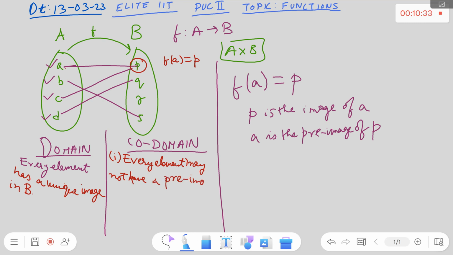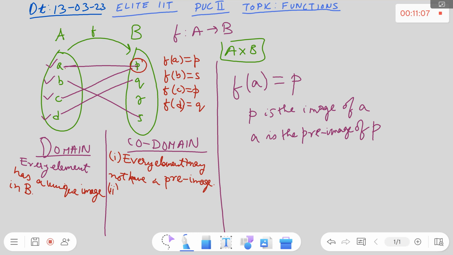Understood? Here f of A is P, f of B is S, f of C is also P, and f of D is Q. Correct? Every element may not have a pre-image.